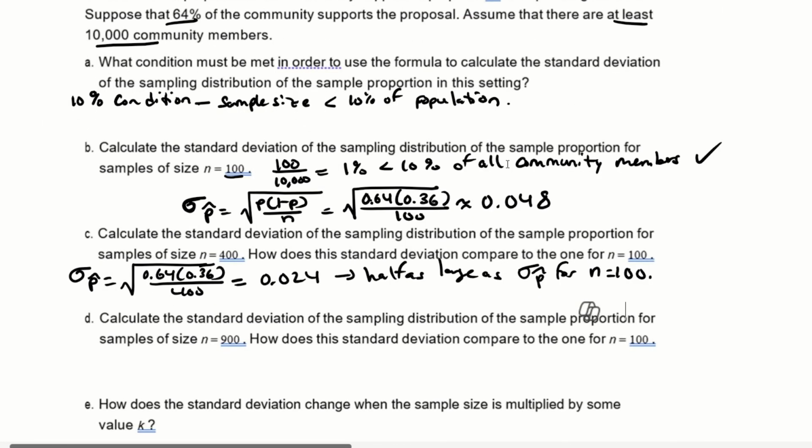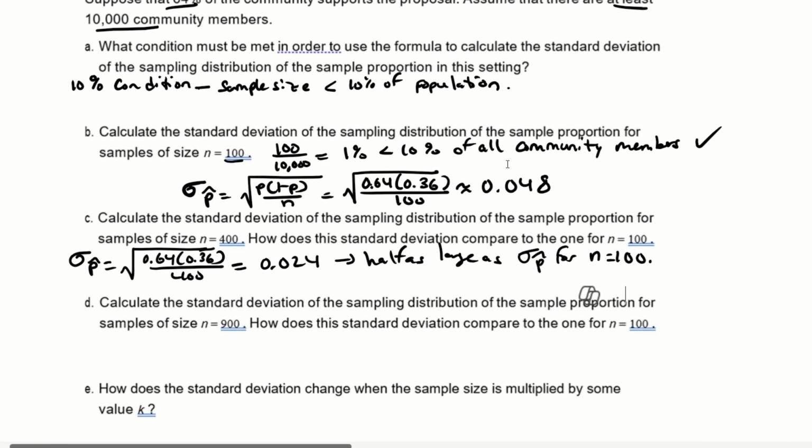Okay, so the next one is part D. Now we're doing it for n equals 900. Okay, so the result is going to be 0.016.